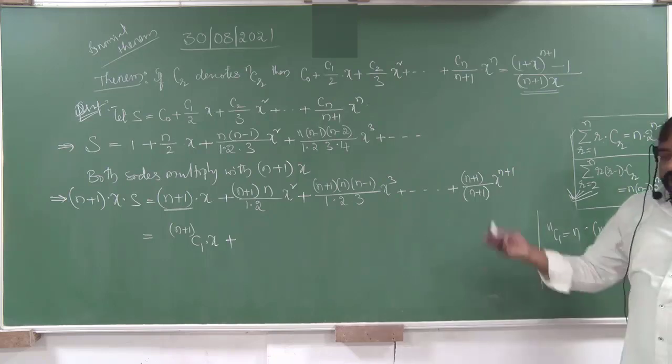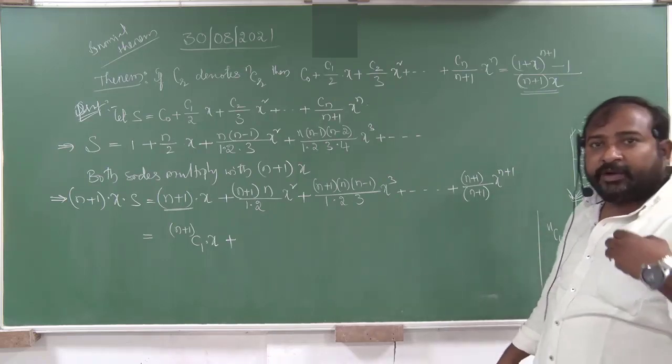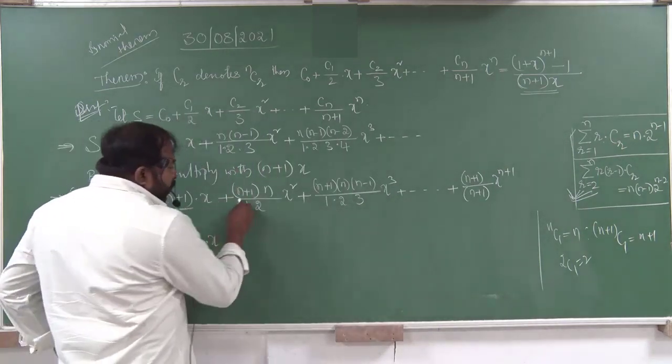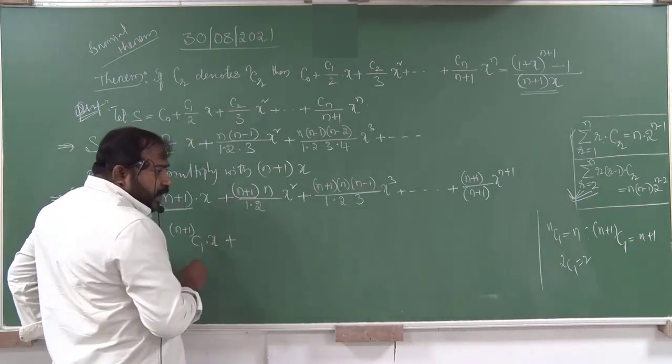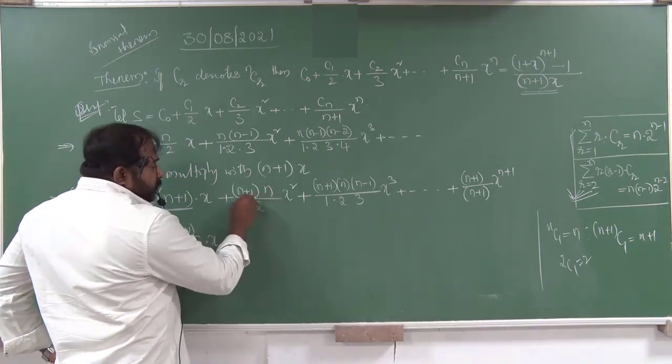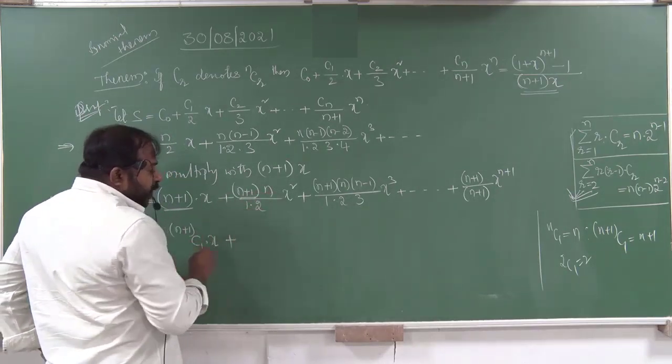Based on this, n plus 1 is there. For my convenience, I can write (n plus 1)C1 into x. How can I write this value? Here n plus 1 is there, here n is there, meaning decreased by 1. Two factors are there, denominator 2 factorial is there.